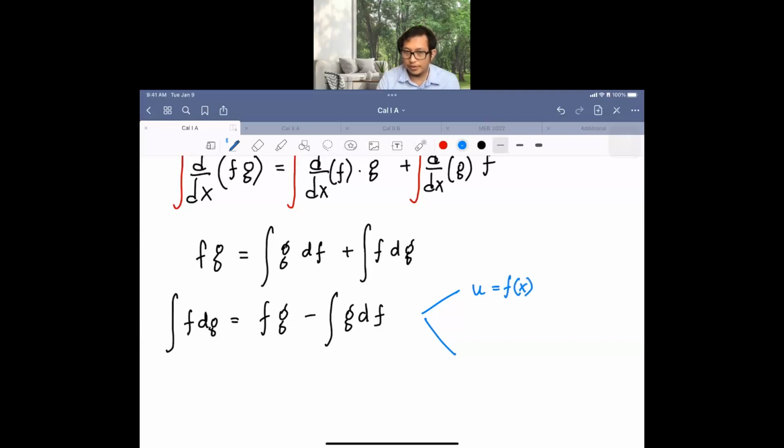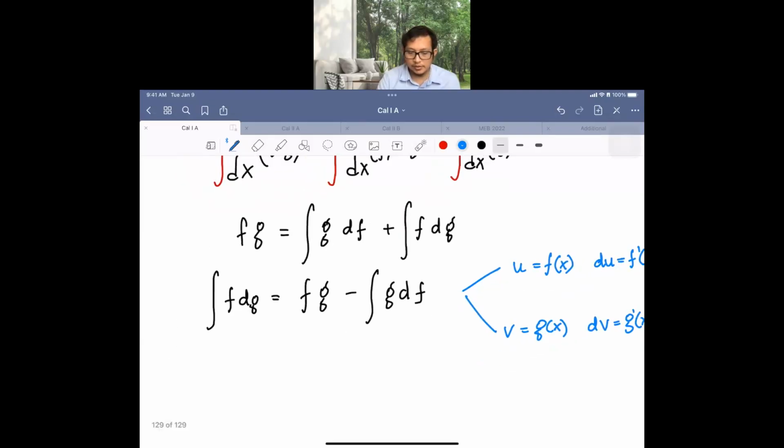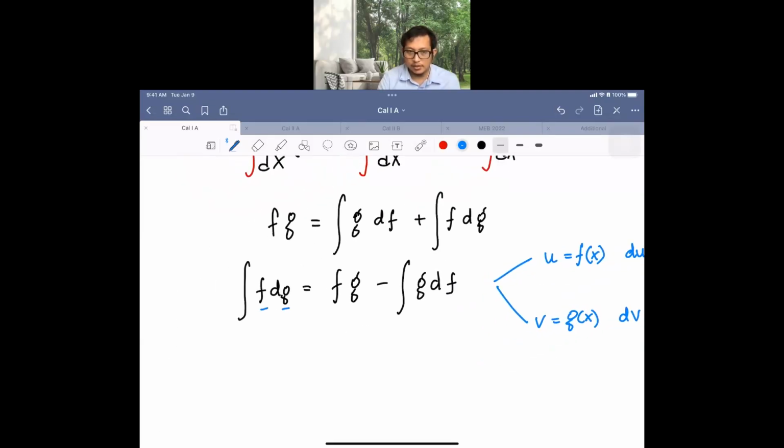If we have u as a function of x, then our du will be u prime of x dx, right? If we have v as g of x, then our dv is g prime of x dx, right? Now let's write all the terms in more detail.